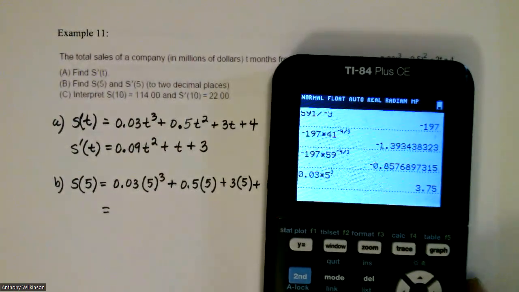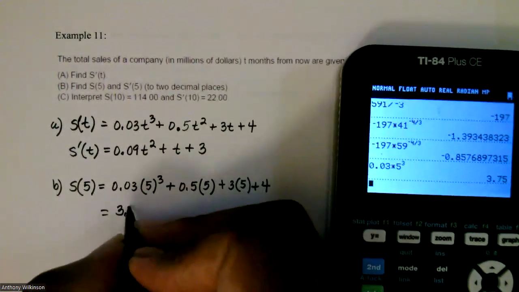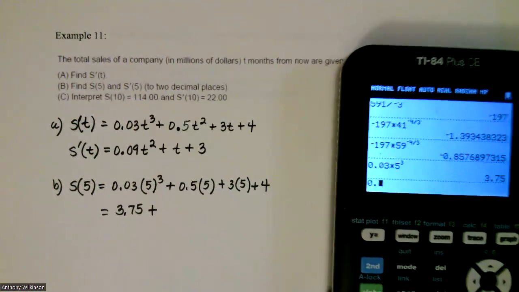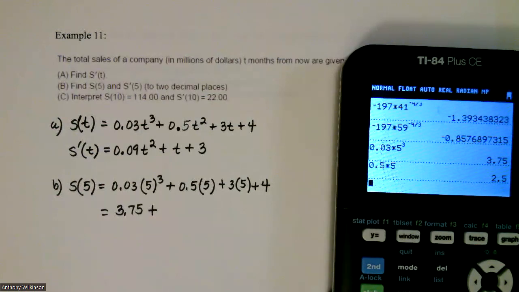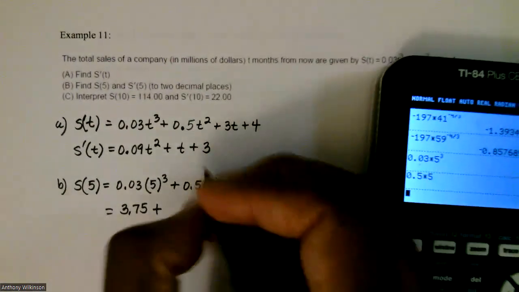That would be 3.75. And then plus 0.5 times 5, that would be, oh, I'm sorry, this should be squared. I'll leave that out.